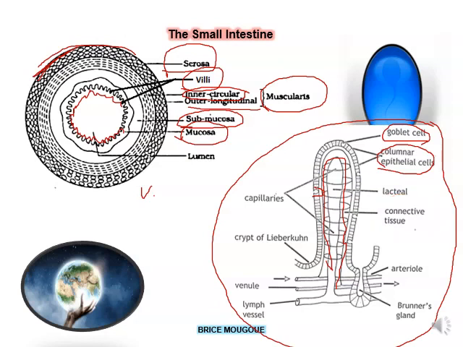The lacteal is mainly involved in absorbing fat and transporting fat. It will join with the lymph vessel to transport substances around the body. So that will be the lacteal.